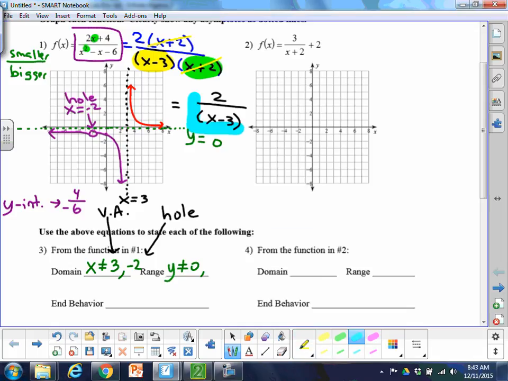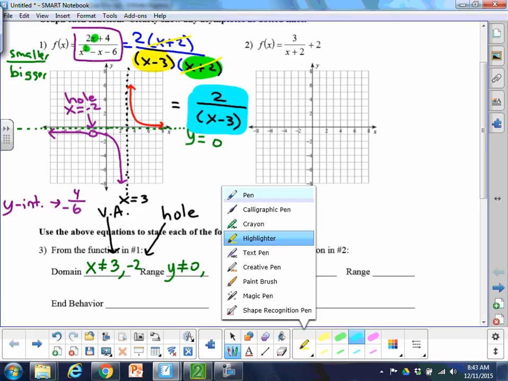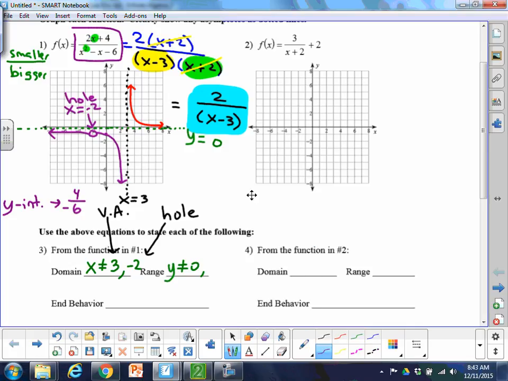I can plug negative 2 into this one and see that the denominator would be negative 2 minus 3, so it would be 2 over negative 5. So that's what the y value would have been there. That value, negative 2/5, is also not in our range, because we never get to that y value. There's a hole when it would have gotten there.